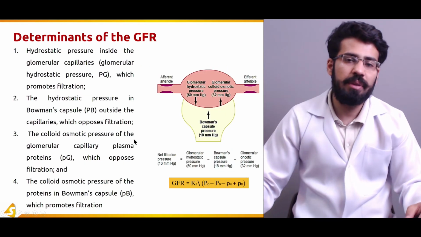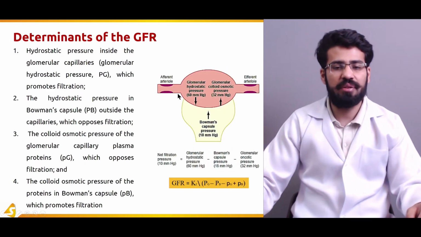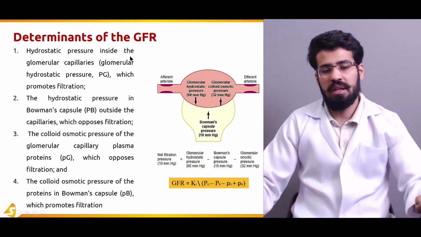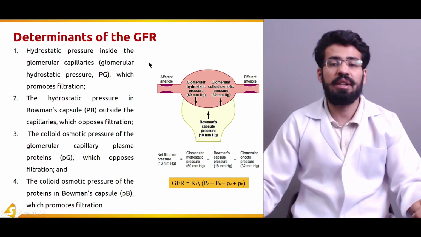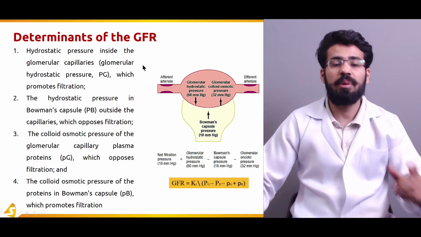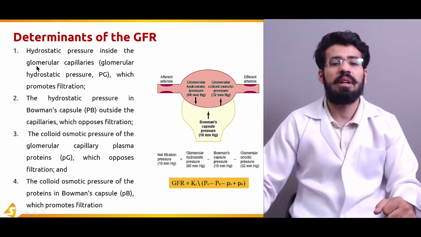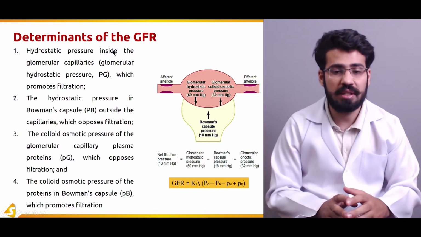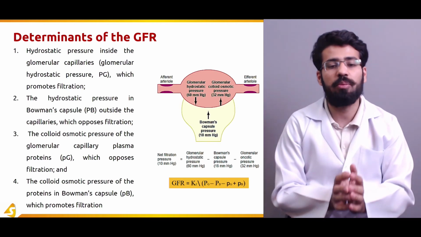So what are the determinants of GFR, or the glomerular filtration rate? There are four determinants that you should be keeping in mind, and this is a very important slide to consider. Number one is the hydrostatic pressure, which is the pressure present inside the glomerular capillaries.